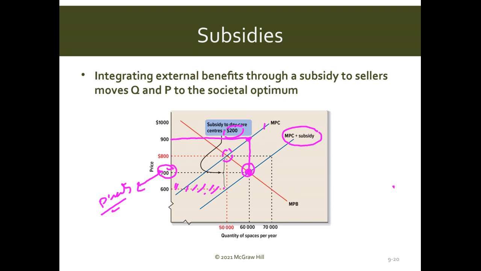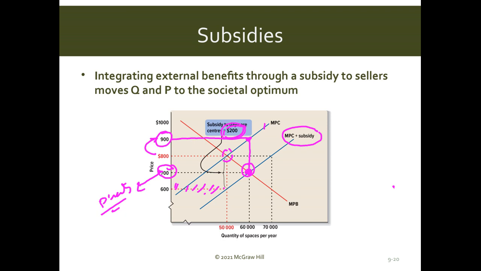So actually, they are receiving only $100 extra. So notice, consumers are paying 100 less, sellers are receiving 100 more, both are benefiting. So the subsidy of 200 is equally divided between sellers and buyers, $100 each.